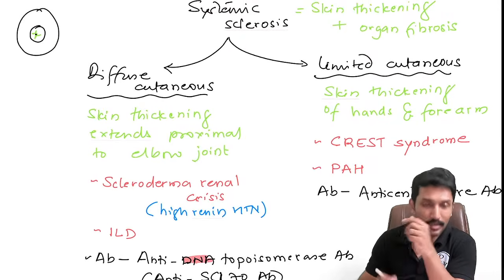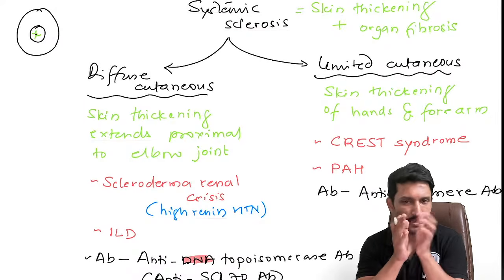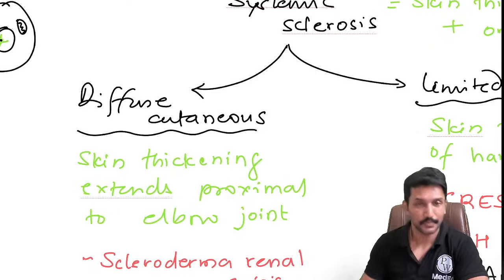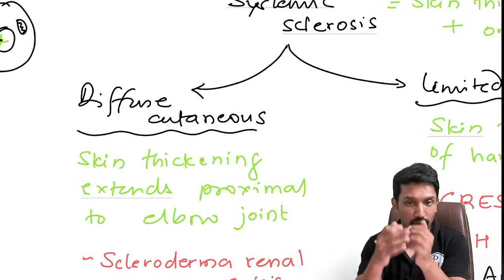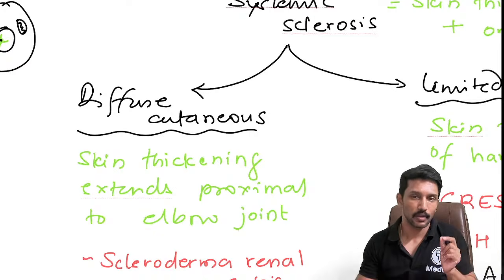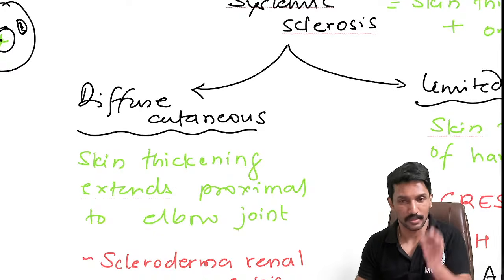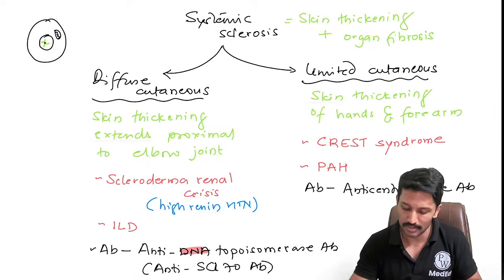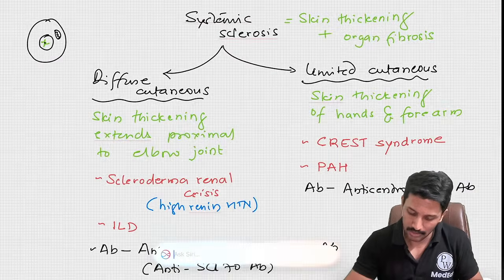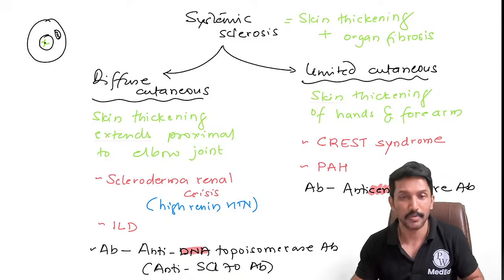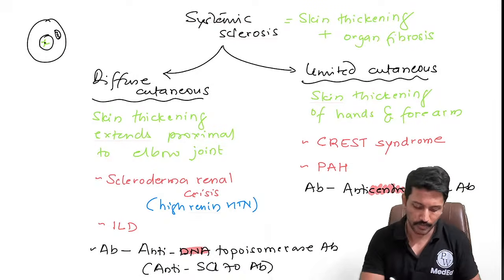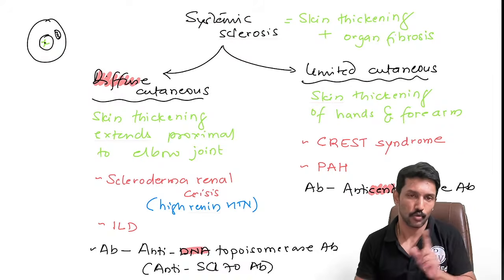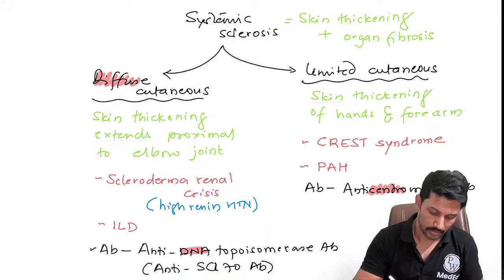Can I find DNA outside the nucleus? Yes. DNA is in the nucleus because there are chromosomes, but outside the nucleus you have mitochondria, and within mitochondria you have circular DNA. So DNA has a more diffuse presence in a cell, while the centromere has a limited presence restricted to the nucleus. So if you think about limited cutaneous, it is anti-centromere. If it is diffuse cutaneous, you think about anti-DNA topoisomerase antibodies, also called anti-SCL70 antibodies.